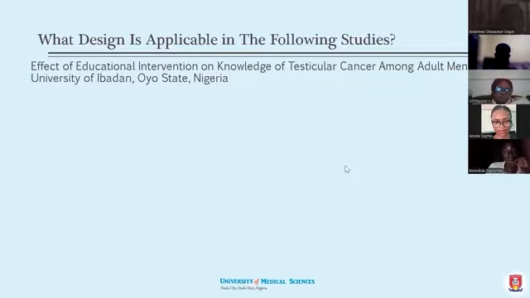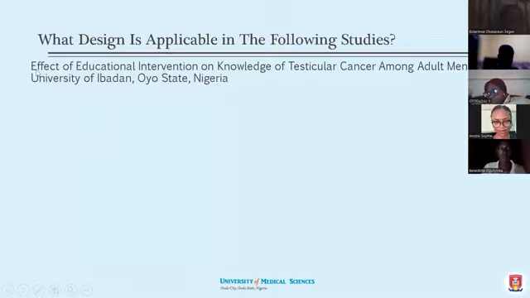Well, look at this topic. Some say quasi-experimental design, someone says experimental design. All right. The first word here says effect. With this, you may not be able to use a non-experimental design because you are trying to look at the effect of educational intervention on knowledge of testicular cancer.